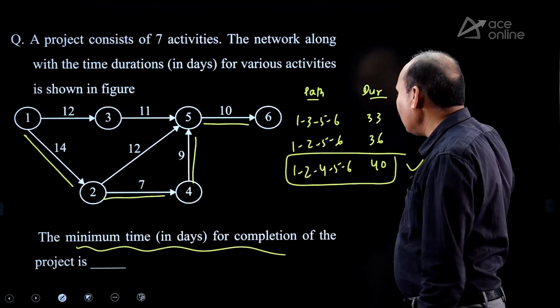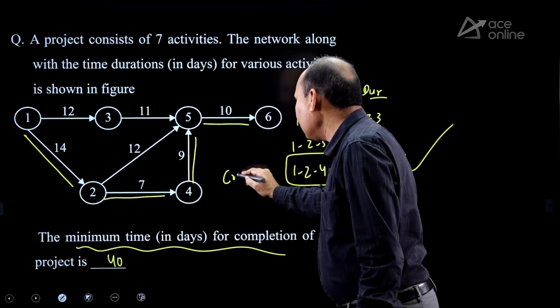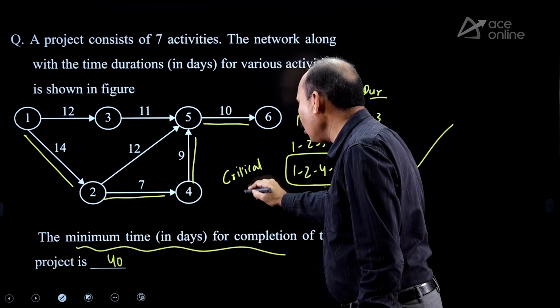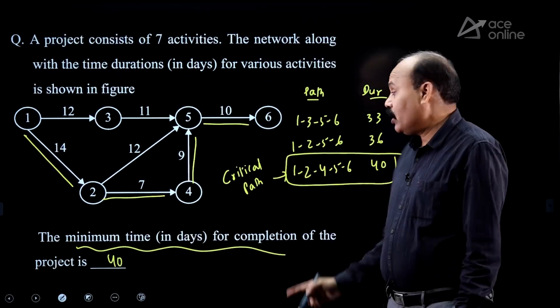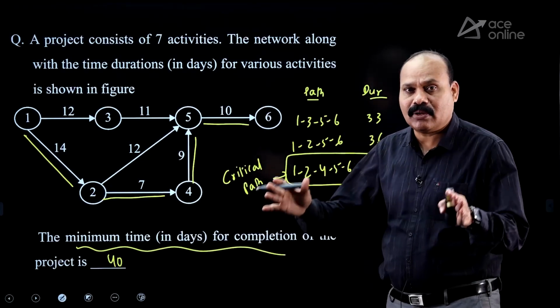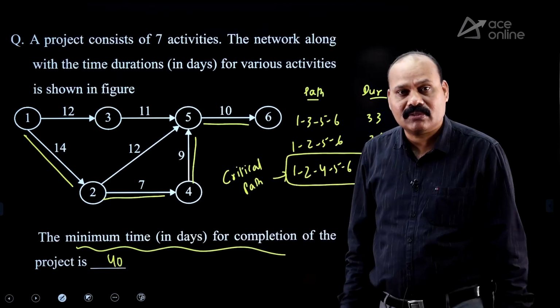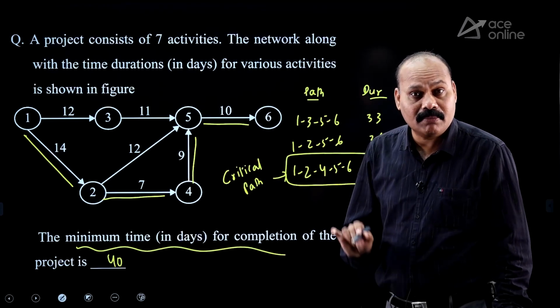Project completion time is equal to 40. Critical path is the longest path. Don't say 33. If you take 33, by that time the project will never be completed, because once the longest path is complete, by that time everything is over. So the minimum time required to complete the project is equal to 40, the critical path duration.